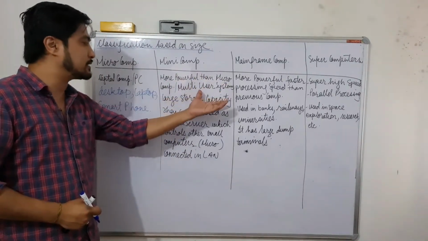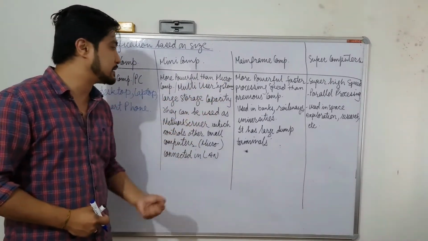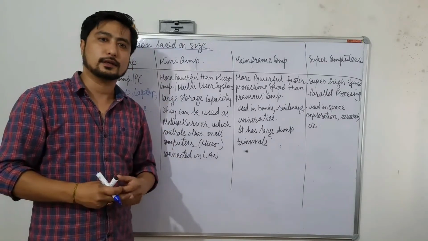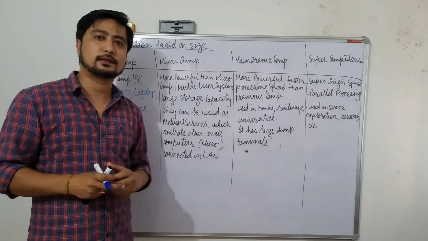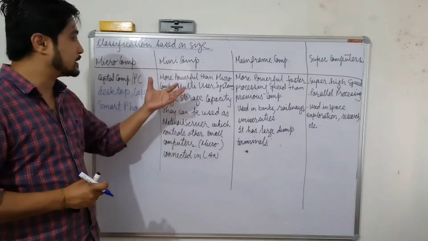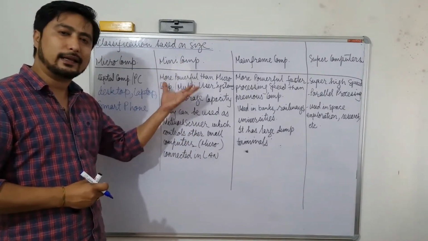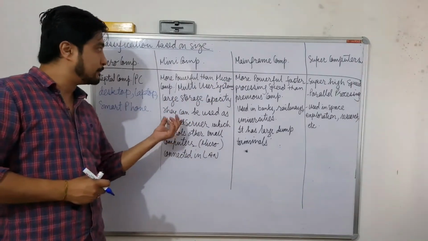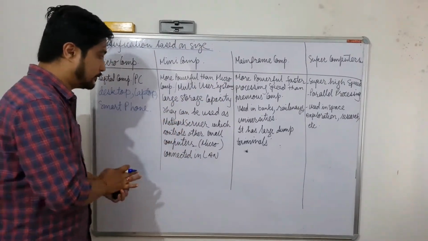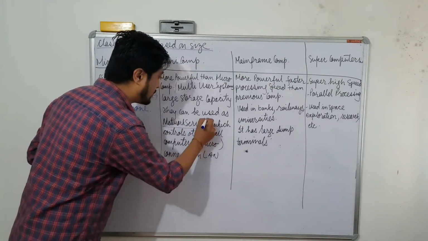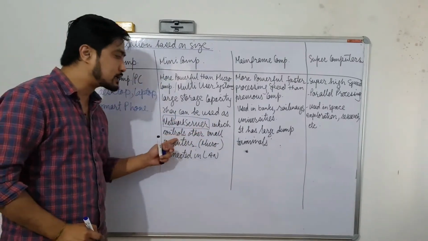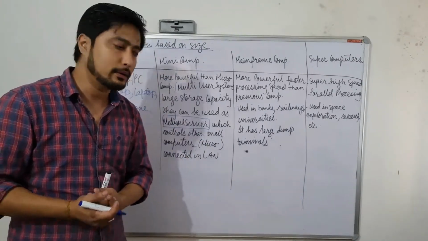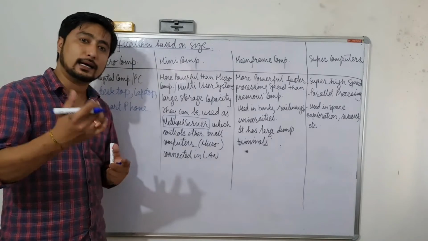And even in this mini computer, a multi-user system is used. Now what is this multi-user system? That means this one mini computer can control many other different computers. For example, we can set the mini computer as a network server which controls other small computers, or other microcomputers connected in a LAN.